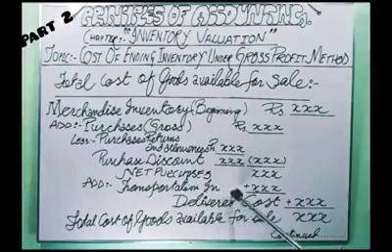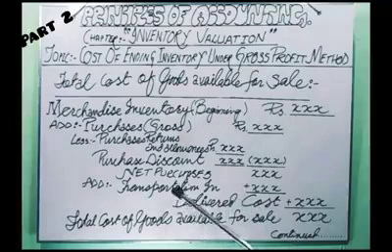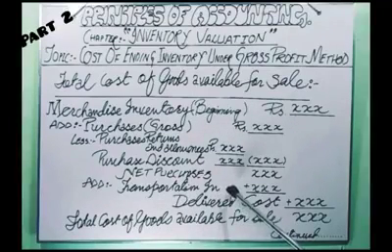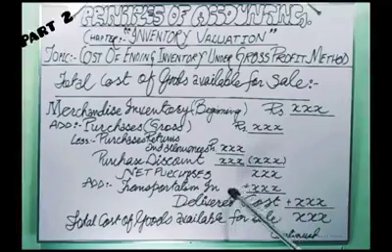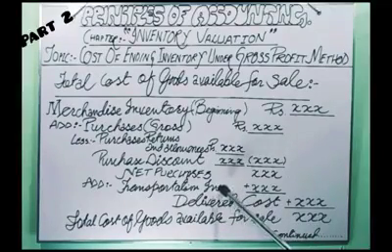Transportation in means what amount of cost we have incurred in order to bring the purchased merchandise to our business premises, or that amount of money which a businessman pays in order to bring the purchased merchandise from the point of purchase, that means the seller, to our destination, to our business premises.